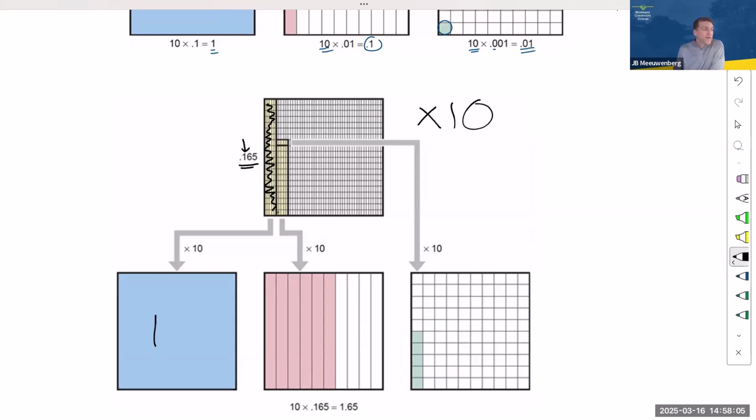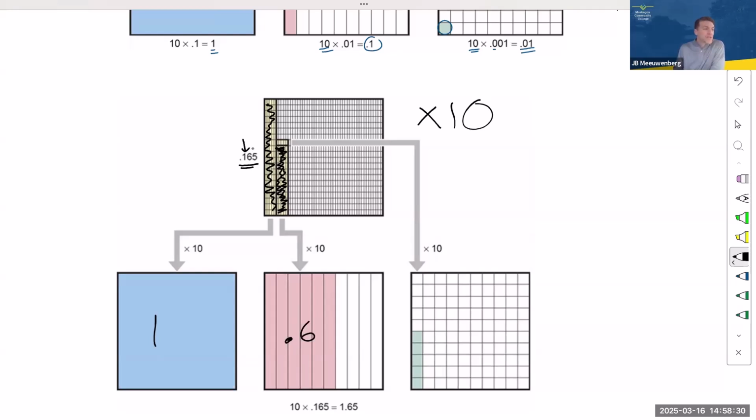Well, that's this amount right here. If we multiply that by 10, then we have 6/100ths, I said tenths, 6/100ths. If we multiply 6/100ths, they turn into 6/10ths, which you can see here.